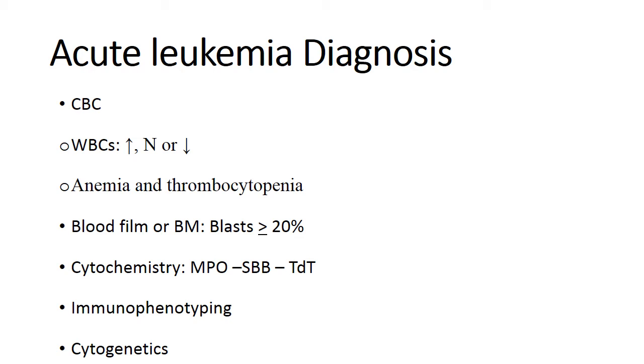We need to further classify the origin of the acute leukemia. It is either myeloid or lymphoid acute leukemia. We can do that by cytochemistry, immunophenotyping, and cytogenetics.